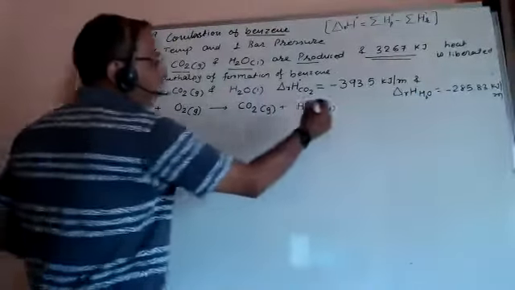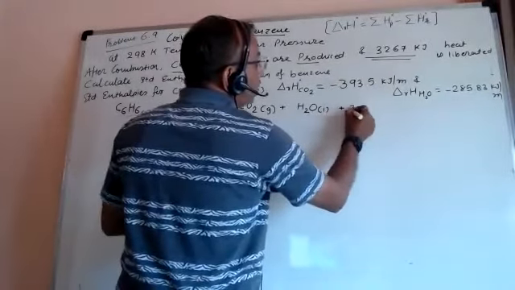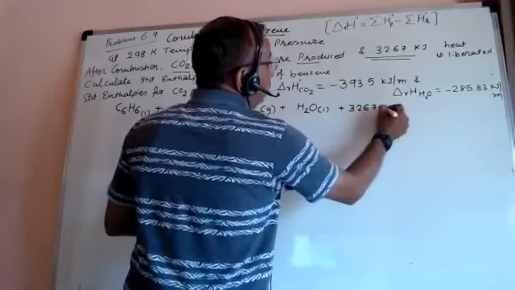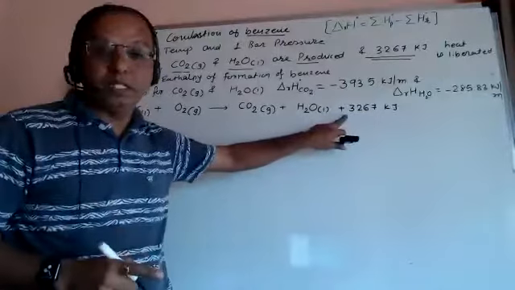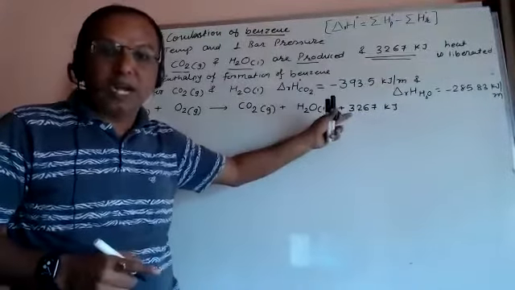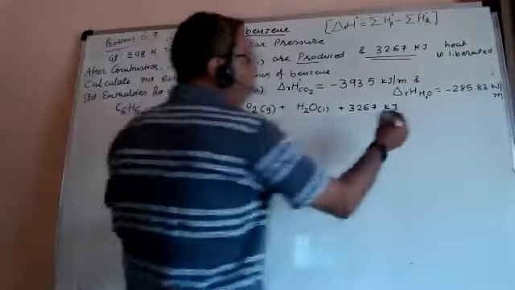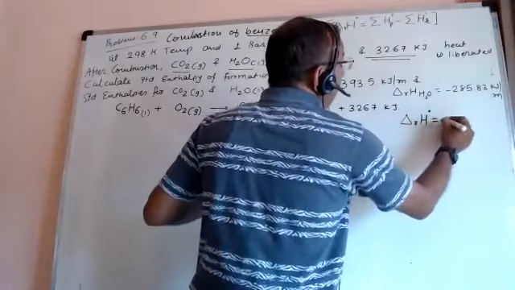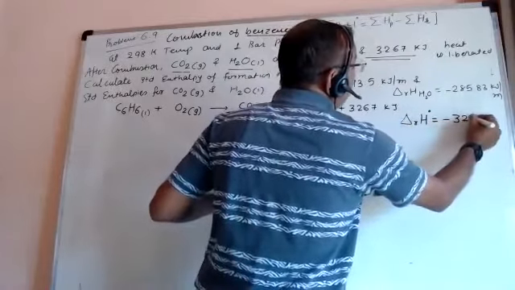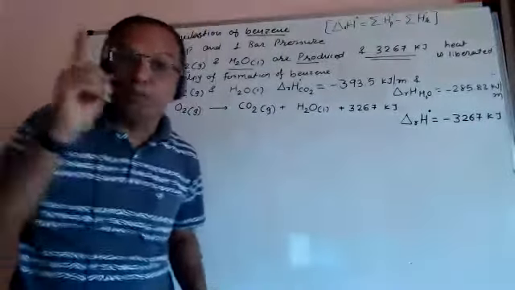So the meaning of it is that this 3267 kilojoule heat either can be mentioned here on the product side by adding it as plus in the products, or you can also write it as delta RH0, which must be 3267 kilojoule, but minus.